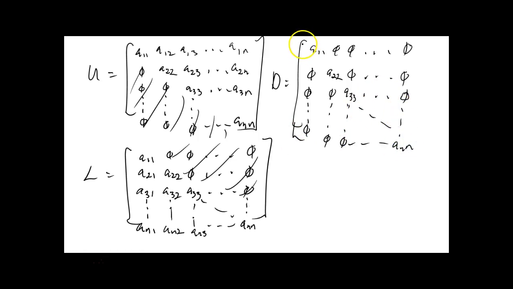So the only thing that's not 0 is your main diagonal. Those are the only non-zero elements in a diagonal matrix.